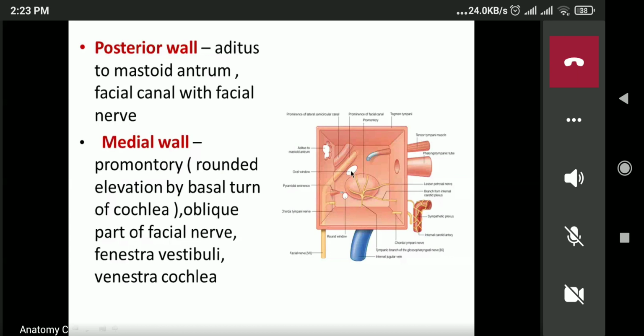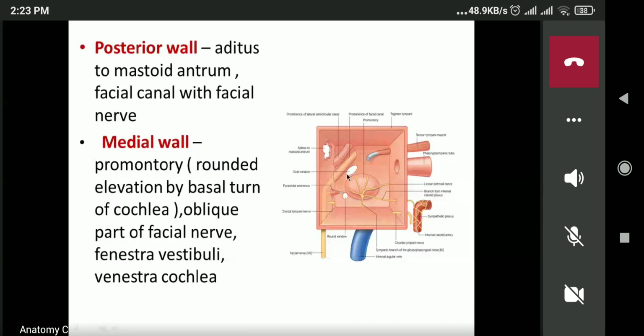Here you can also find two openings. The upper one, which is oval in shape, is known as the fenestra vestibuli. This opening lies above and behind the promontory.